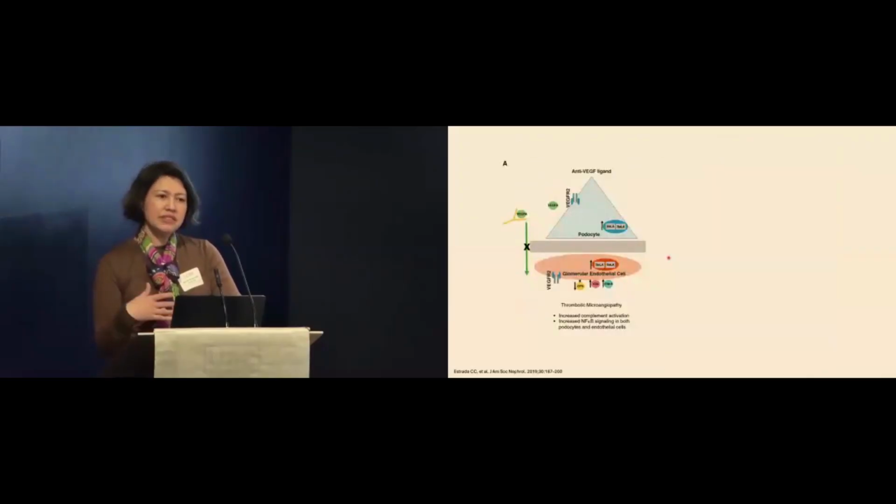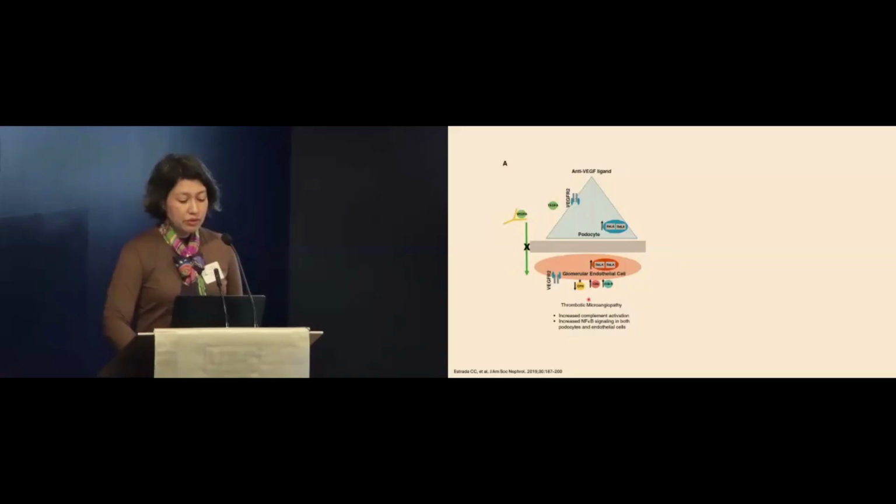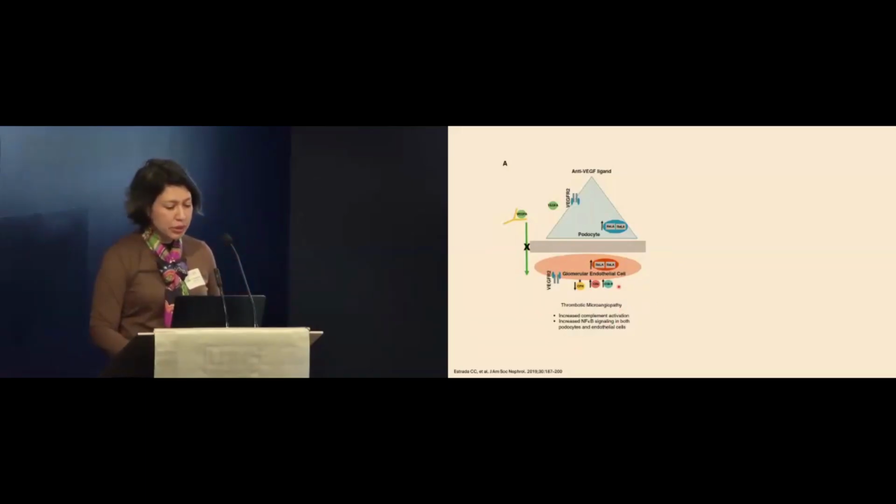But that's not the end of it. For this patient, they hadn't given the drug for about 4 months before the time of biopsy. But you can see from what I showed you, she did have some chronicity, but there were still diffuse and very severe active findings. Subsequent studies have shown the effect of complement in this process as well.